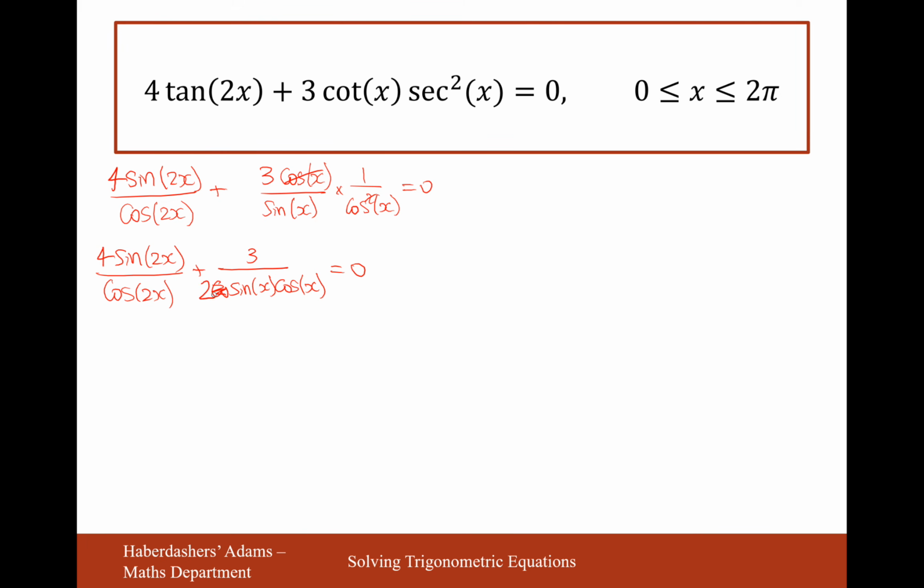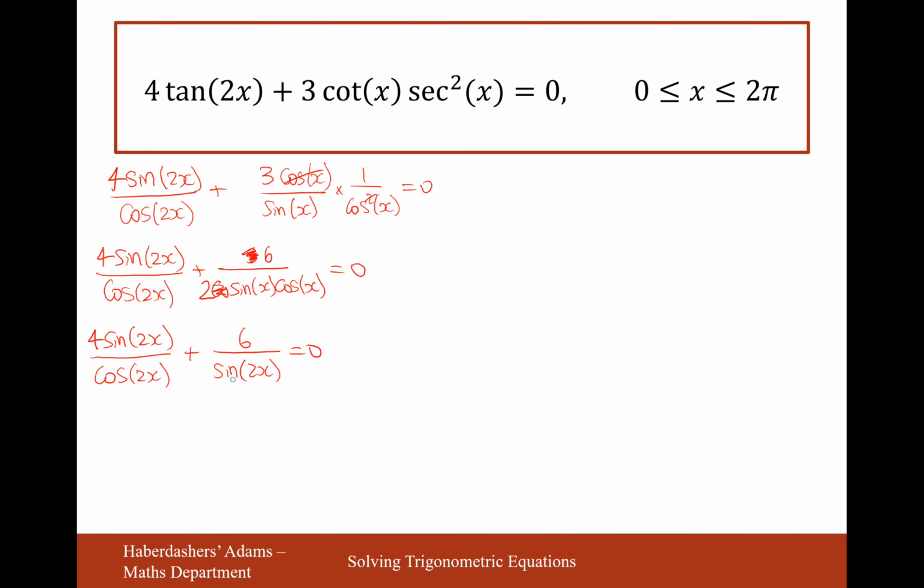Well, it is if I put a 2 in front of it. I can't just create 2's out of nowhere. I'll have to balance it out with putting a 6 on the top. So now what I've got is 4 sine 2x over cos 2x plus 6 over sine 2x. Because the double angle formula for this denominator is sine 2x.